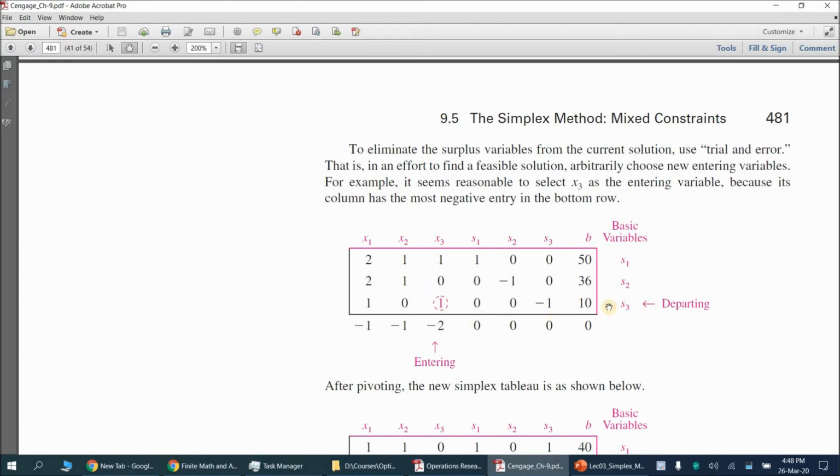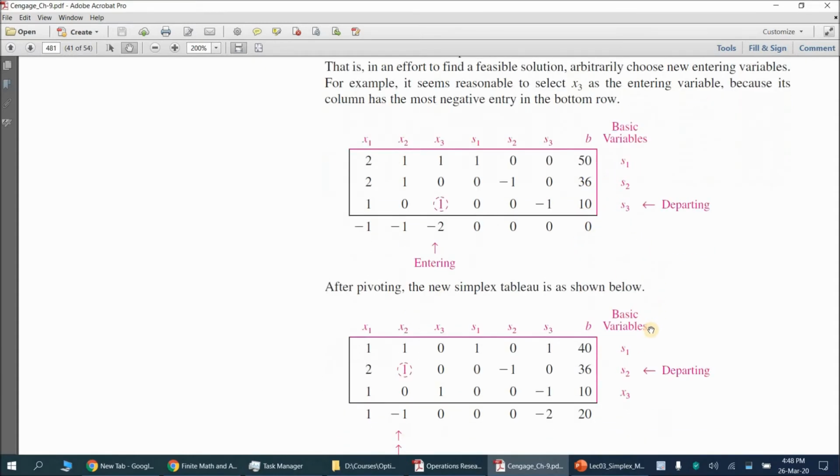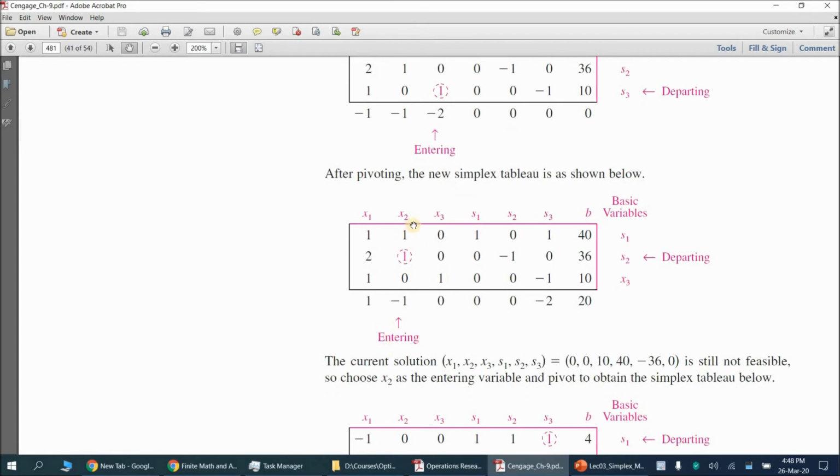The least positive ratio will come out to be this one, 10, because this will be 10, this will be infinity, this will be 50. So you select S3. You keep on doing this, and then you will get this solution. Here you get the value for S1 as 40, S2 is -36, still negative. So again this is not correct.